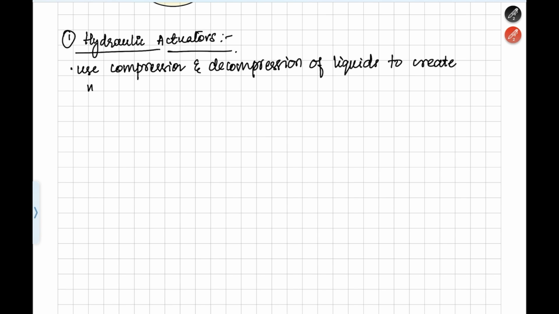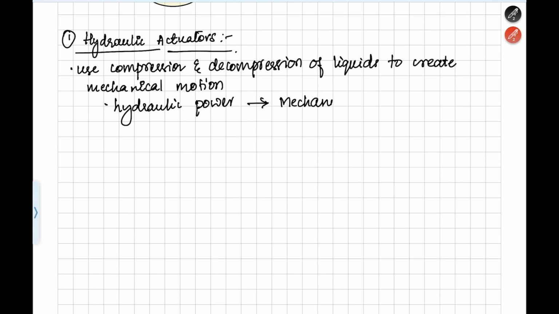They work on the compression and decompression principle to create mechanical motion. You can say that conversion of hydraulic power to mechanical power is happening here.